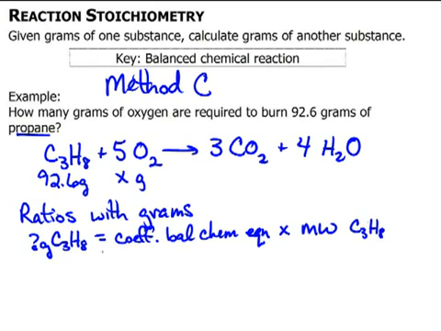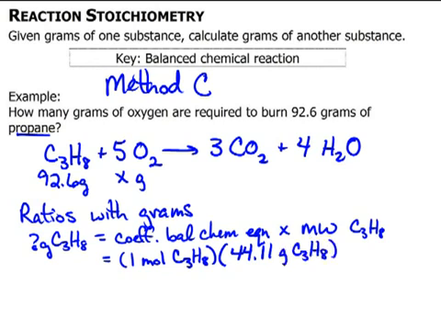Okay? Alright, so the coefficient is 1. Now let me correct that. It is 1 mole C3H8, and the molecular weight is 44.11 grams C3H8. Now I'm writing this all out, per mole C3H8.